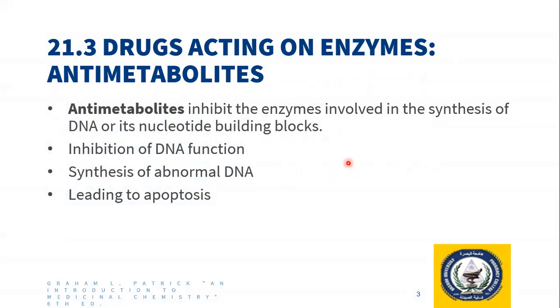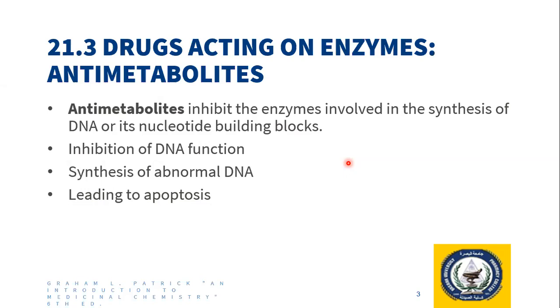Okay, so in lecture 1 and lecture 2, we learned about drugs that attack DNA directly, either the intercalating agents or the alkylating agents or the chain cutters. Those go after nucleic acids directly.